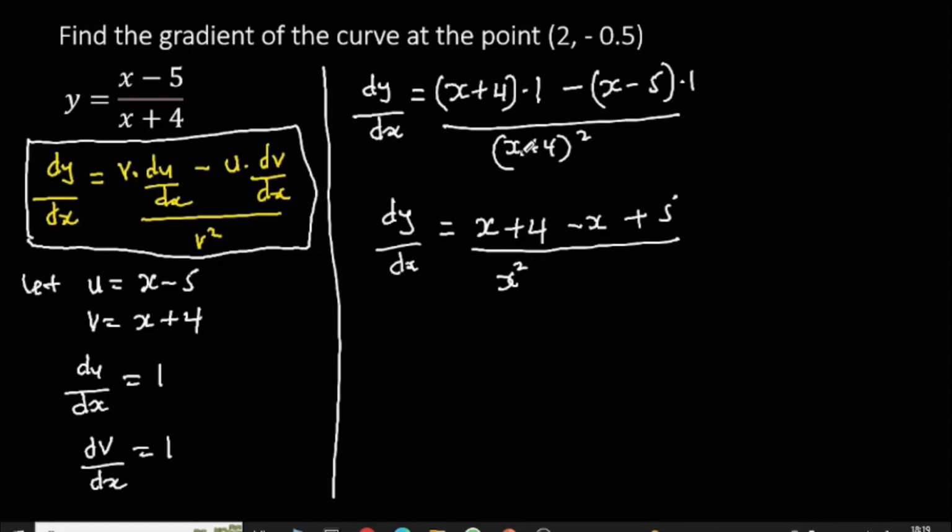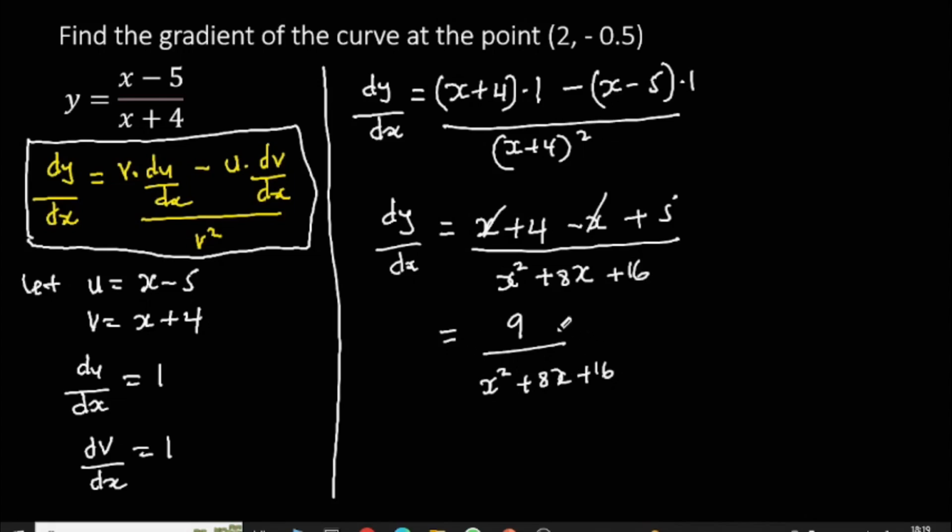Then find the product of the two elements: 4 times x is 4x. Then you double that to get 8x. Then you square the second element, which is 4, and that's going to give us 16. Then after that, put the like terms together. So you have x minus x, they are going to cancel out. And then you have 4 plus 5, so the numerator is going to be 9. And the denominator, you have x squared plus 8x plus 16.